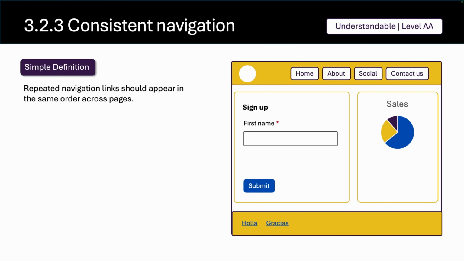The next one is consistent navigation. In case you have a multi-page application and you're providing navigation links, they must be provided in the same order across your application. So if you have a menu item at the top right, it should always be in the top right. Not only from the CSS standpoint, but from the coding standpoint as well.